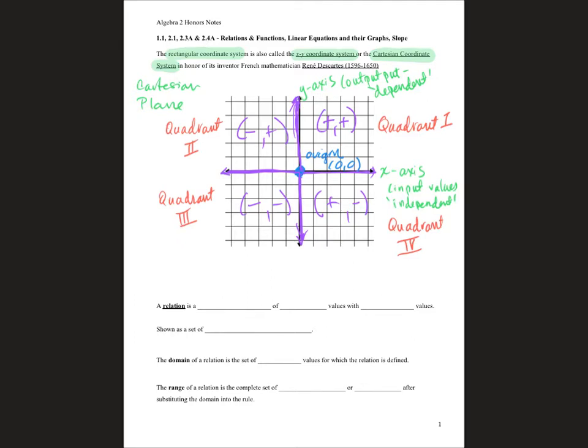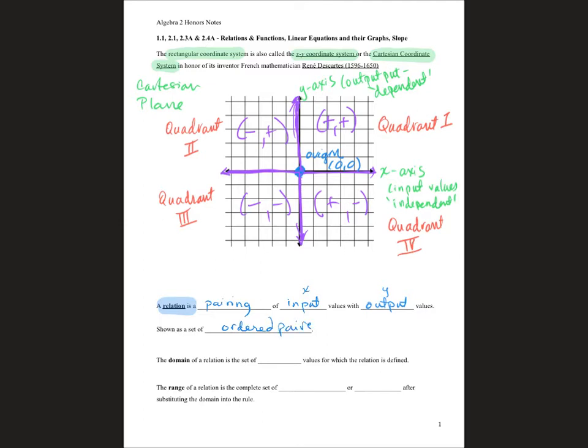Now, the term relation. What is a relation? A relation is a pairing of input and output values. In other words, X and Y values, most often known as ordered pairs.